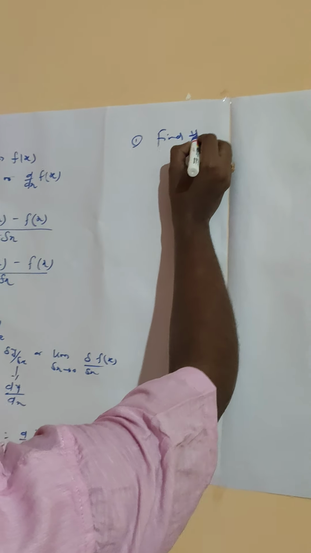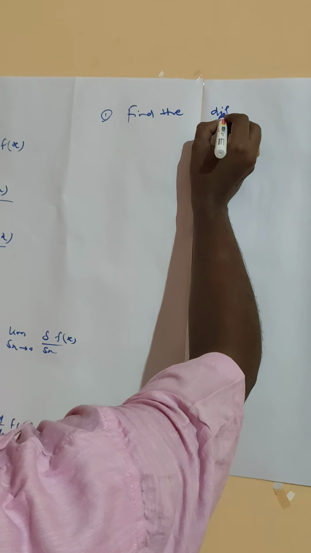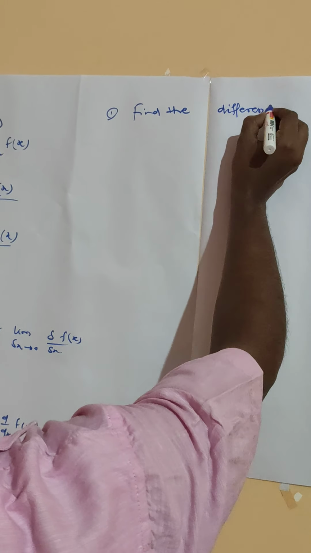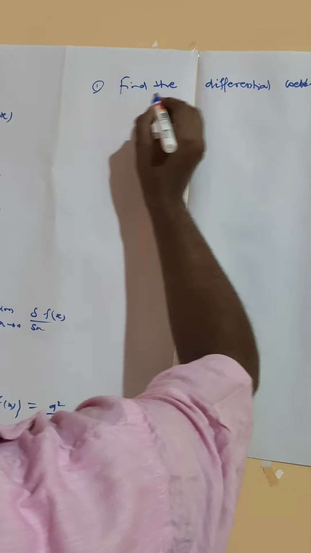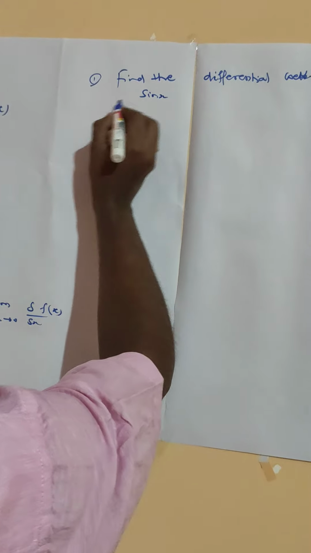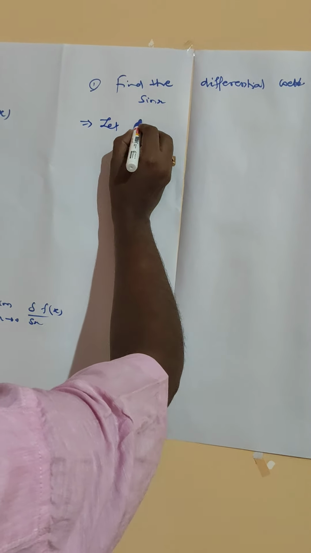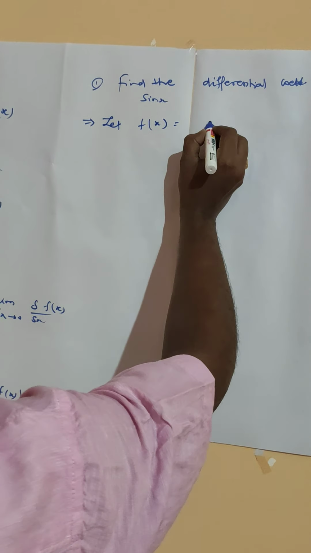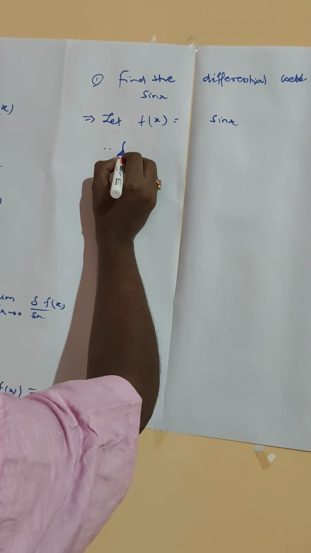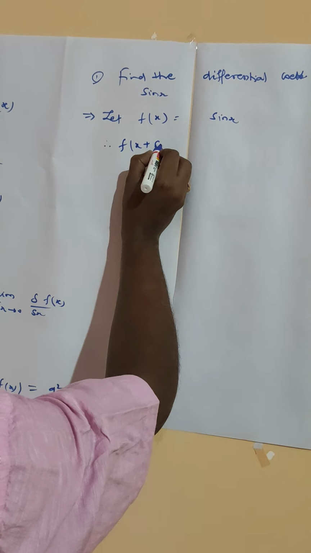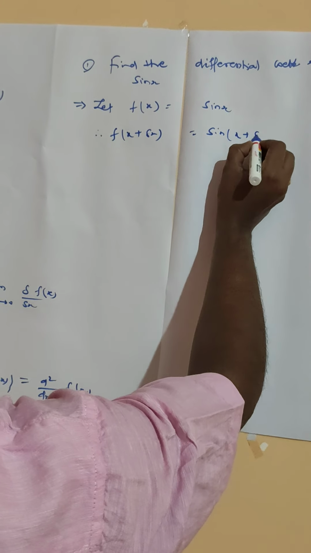Find the DC, that is the differential coefficient, of sin x. Let f of x be sin x, therefore f of x plus delta x is sin of x plus delta x.